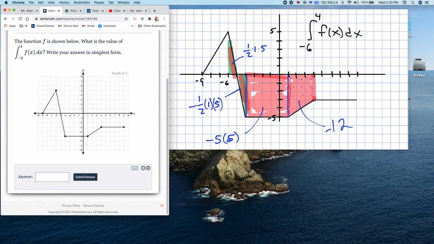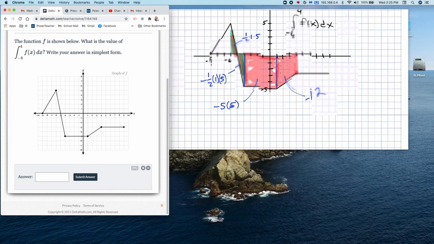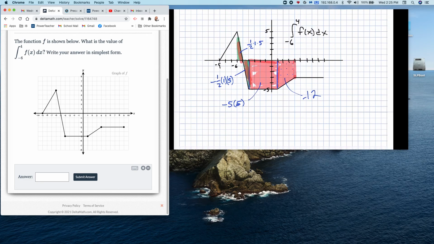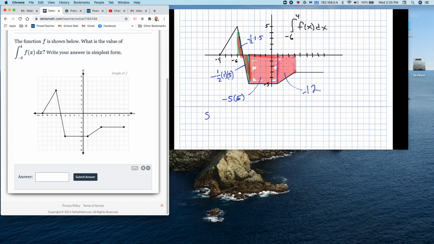So if we wanted to calculate this, this whole integral would be 5/2 minus 5/2 minus 25 minus 12. And that would give us the integral up to there.